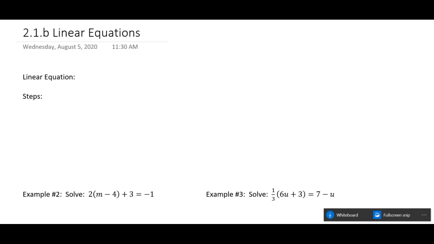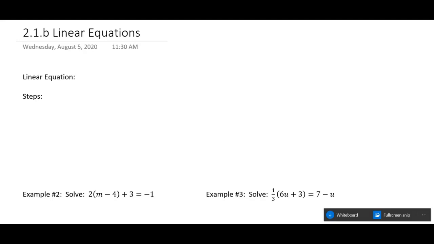Now we're going to get to one of the crucial things in this course: how to solve a linear equation. So what is a linear equation?